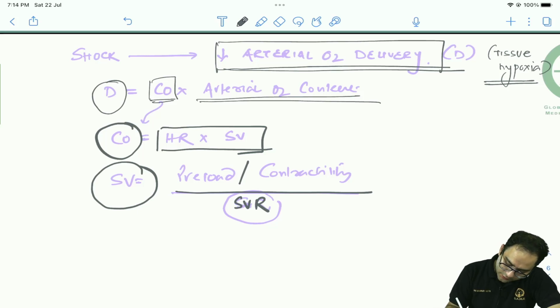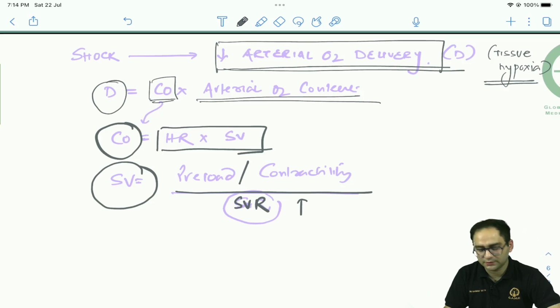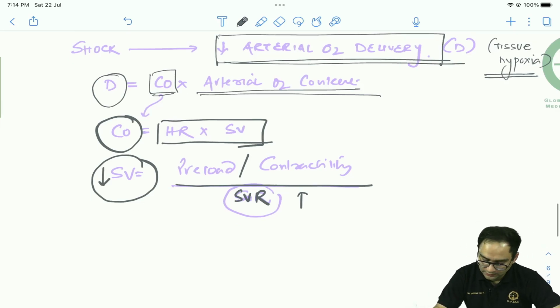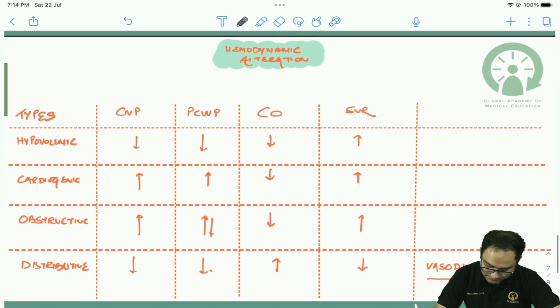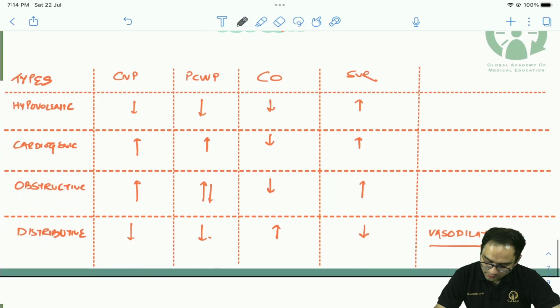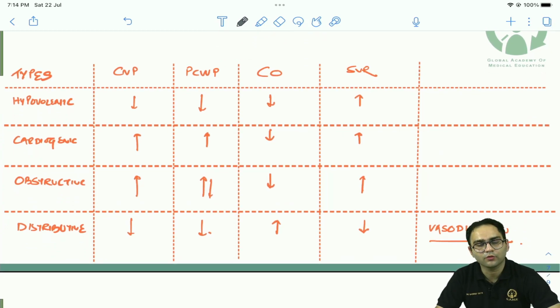So if you have a vasoconstriction, or an increase in the systemic vascular resistance, concomitantly there will be the decline in stroke volume. So now, having read all that, this is just a summary of what I just discussed. This is a very important slide from your exam point of view. If you are clear with the concepts that I have just taught you, you will be able to answer all the questions that are being asked related to shock.